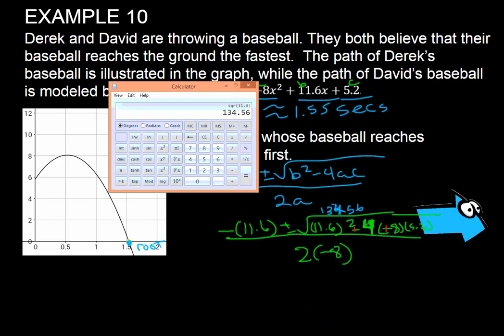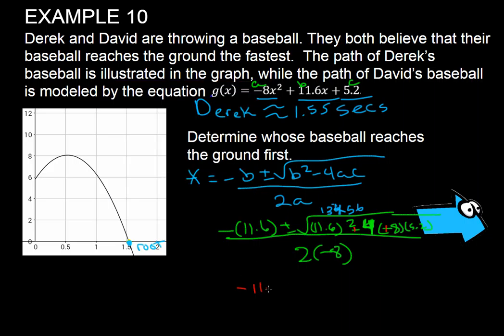But let's first find out what 4 times 8 times 5.2 is, and then add that to the 134.56. So we get 300.96. So we're going to have negative 11.6 plus or minus the square root of 300.96 over, and this just is negative 16.